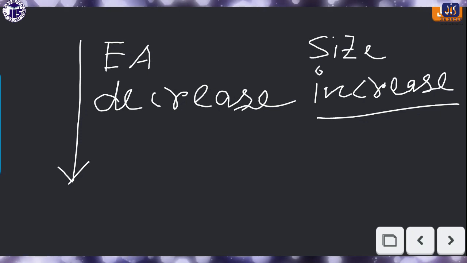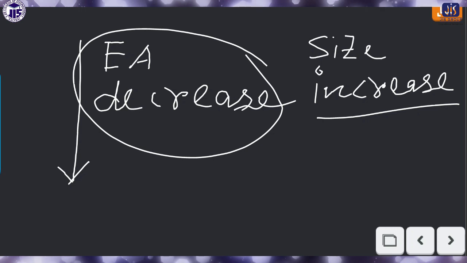So size increases and EA decreases. Clear? So what is the result? According to the period, EA increases, and according to the group, EA decreases.